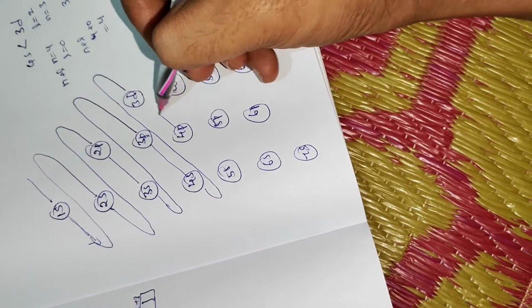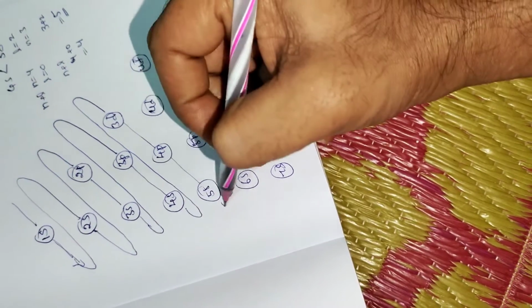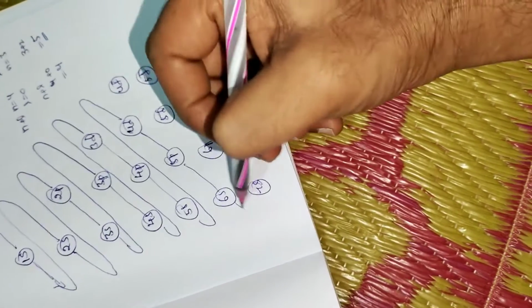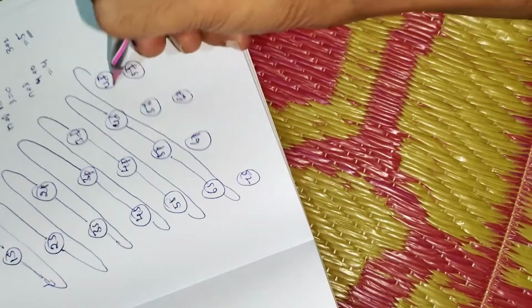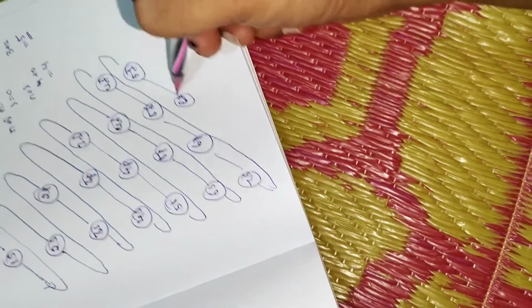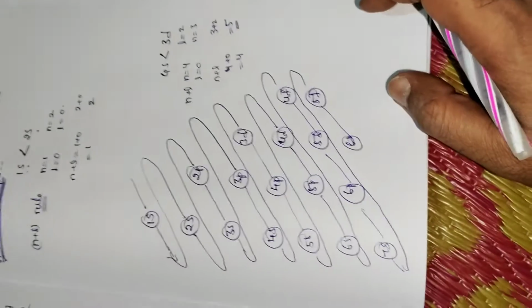This is the order for filling the electrons in the orbitals. This is called the Aufbau diagram.